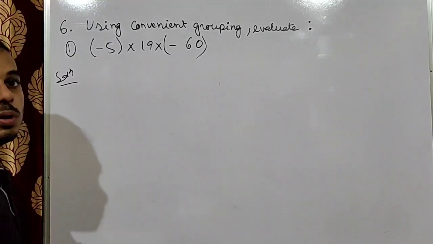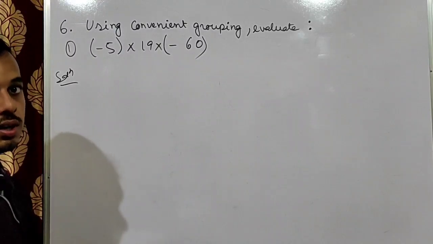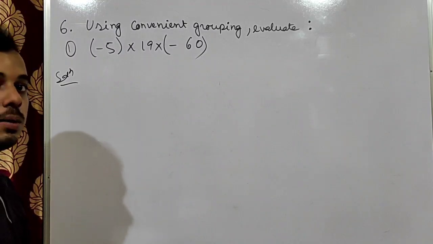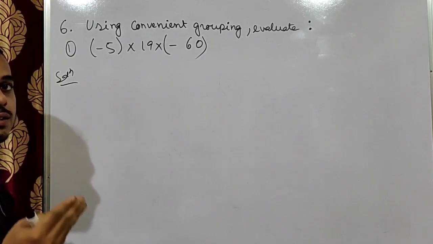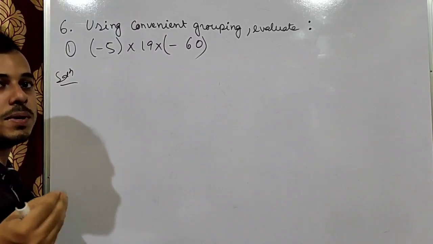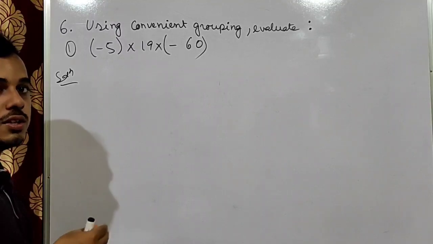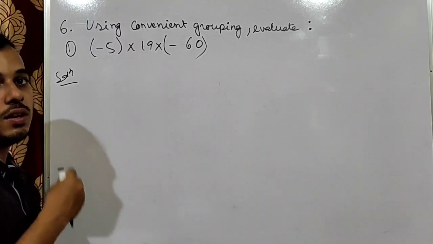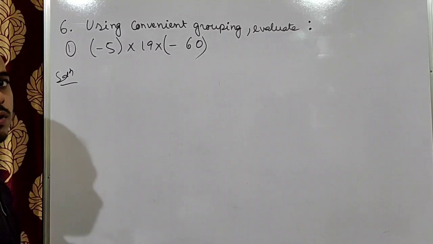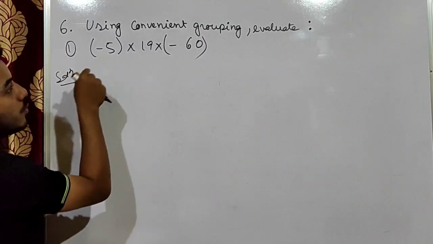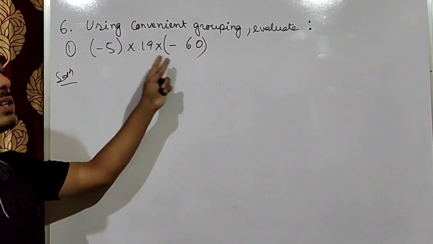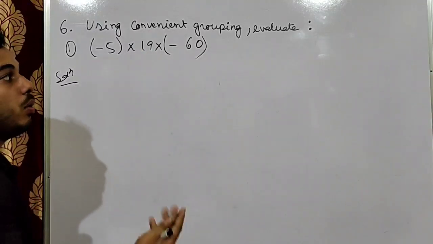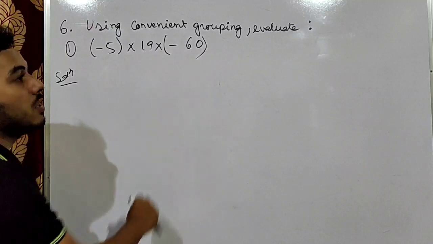We have to look at the sign twice. For better understanding and for the result, we cannot take a chance for a wrong result. We have to give our 100%. So I have chosen minus 5 and minus 60. Now we can multiply minus 5 and minus 60 easily.